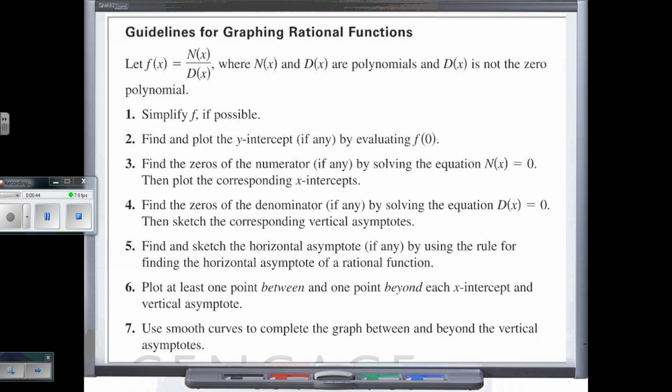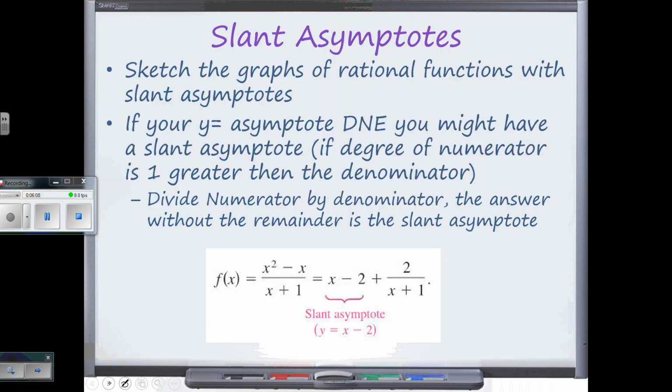This is a detailed guideline on graphing rational equations. This is what we were talking about.